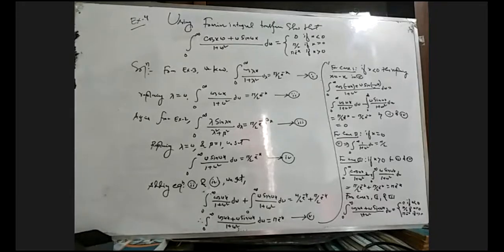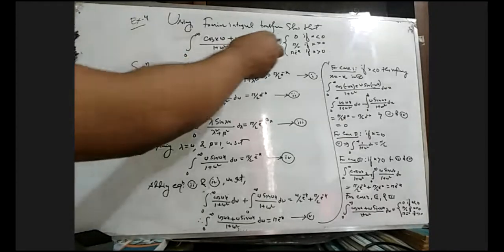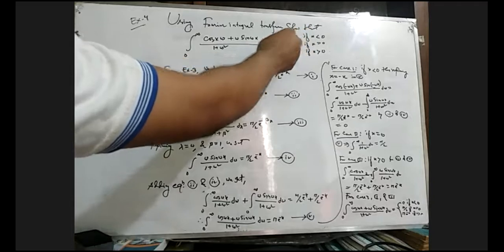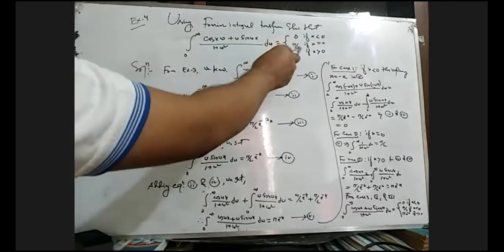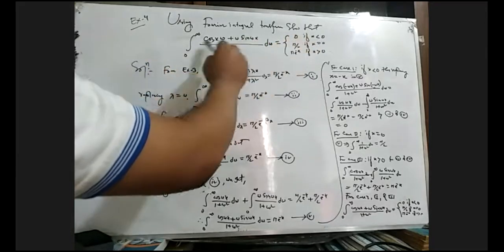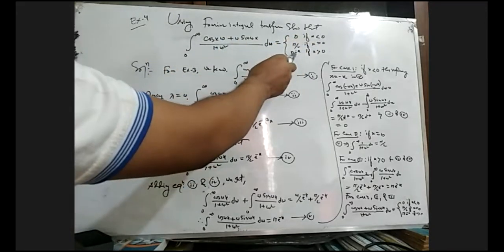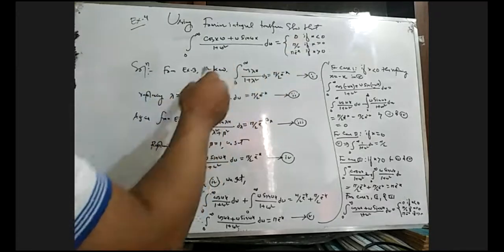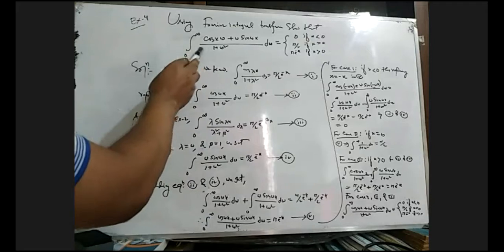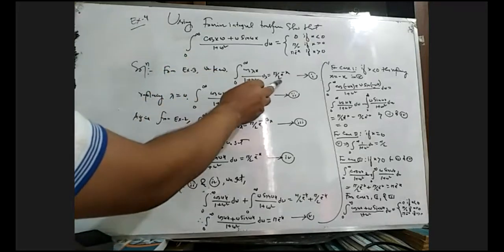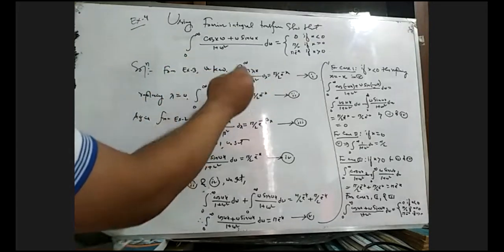So to solve this improper integral, this integration equals 0 if x less than 0, pi by 2 if x equals 0, and pi into e to the power minus x if x greater than 0. From example 3, you must know that cos lambda x divided by 1 plus lambda square equals this result. We have proved this.